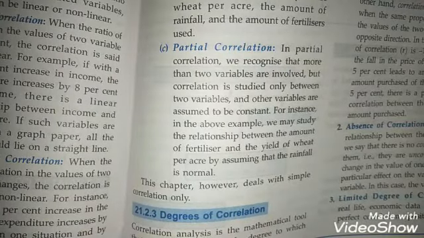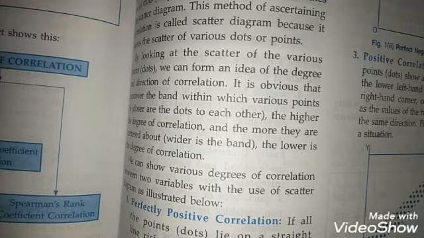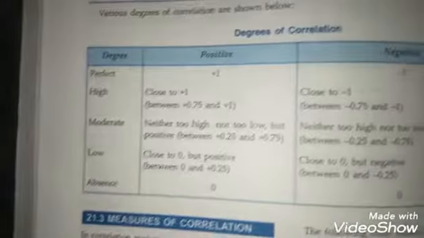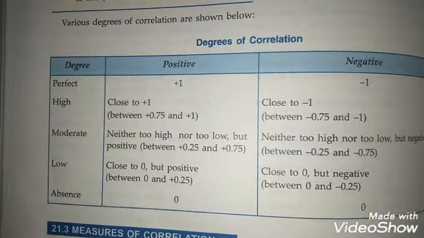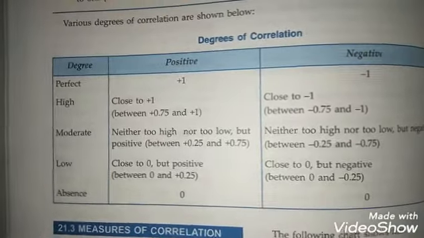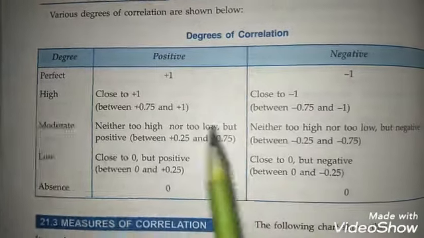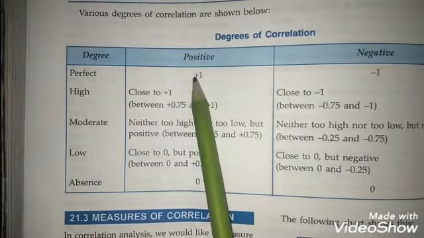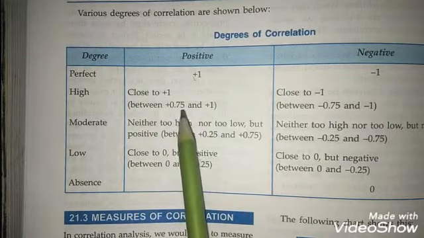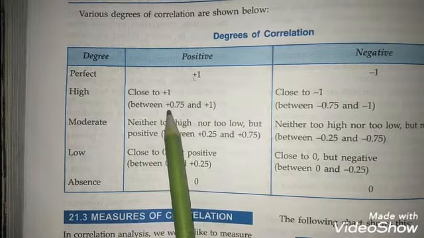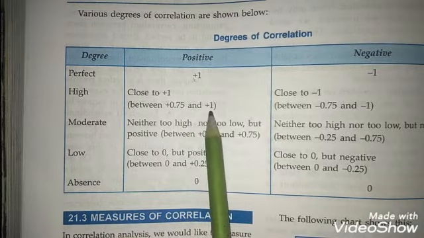Now, there are some particular problems that we are going to do under correlation, where the first thing that we are going to understand is that where we talk about correlation, there are certain degrees of correlation. Correlation can be positive and correlation can be negative. In case of positive correlation, the value will range between positive 0.75 and positive 1.